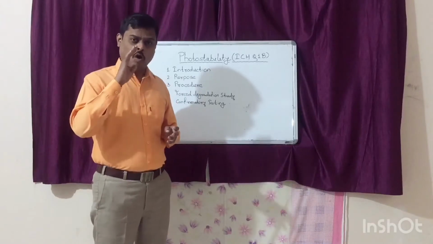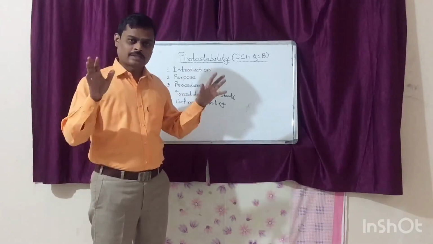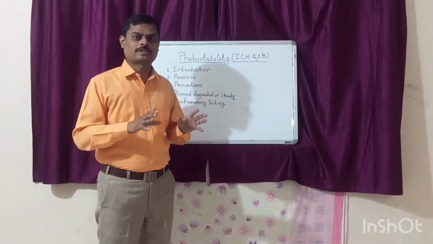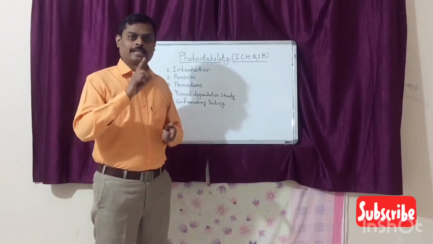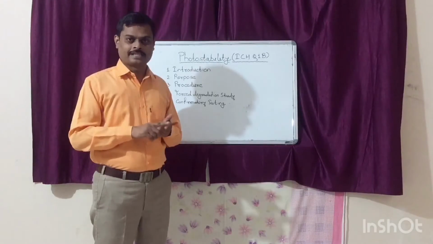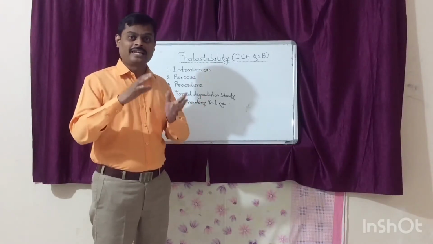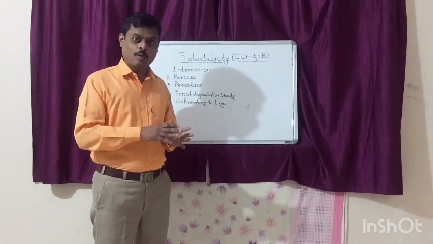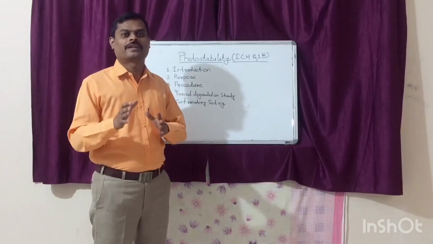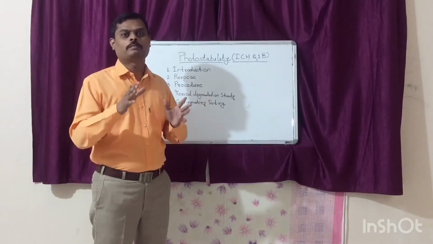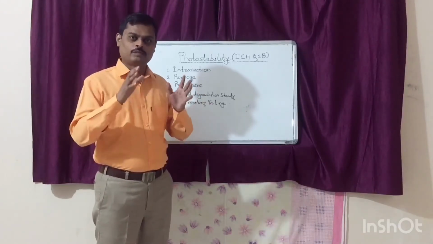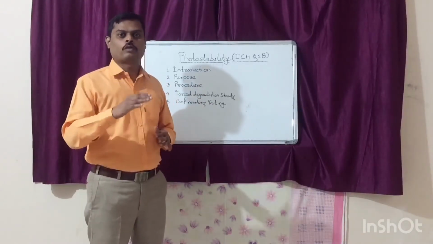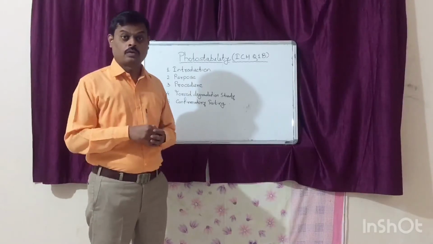The fourth objective is, based on the overall photostability studies, to understand whether light resistant packaging or special labeling is required to mitigate the effect of light on the quality of the product. This is required if your material or product is light sensitive.